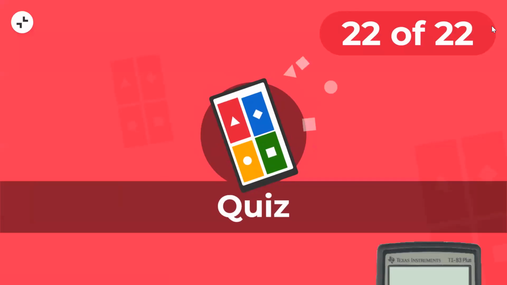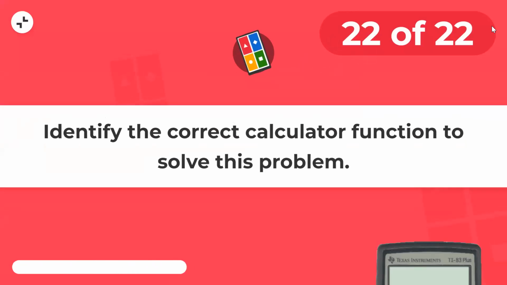All right, last problem here. Identify the correct calculator function for this problem.